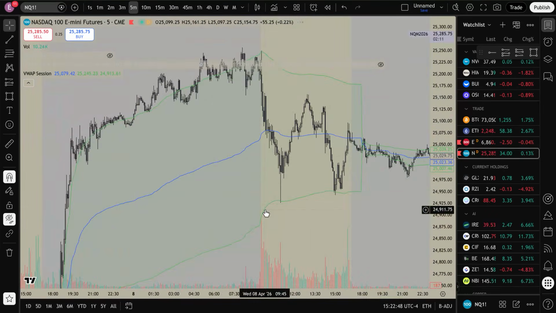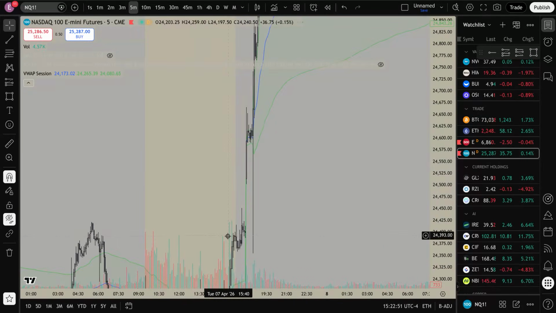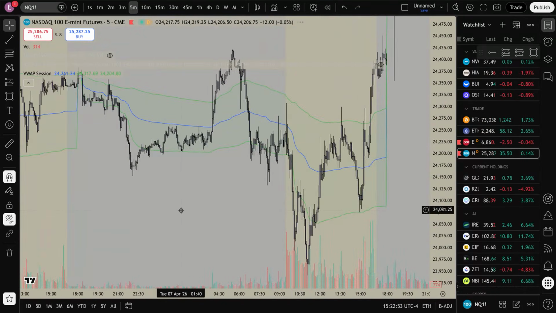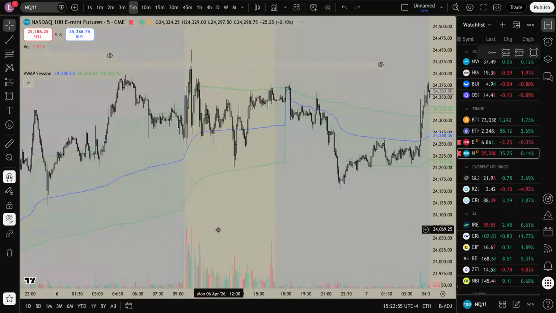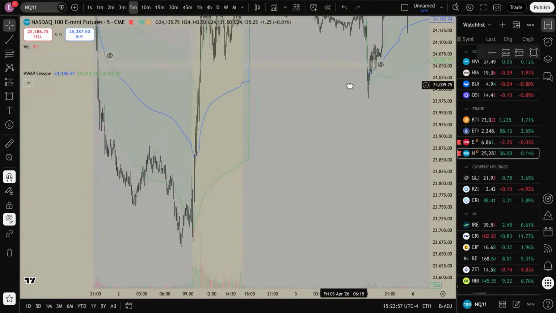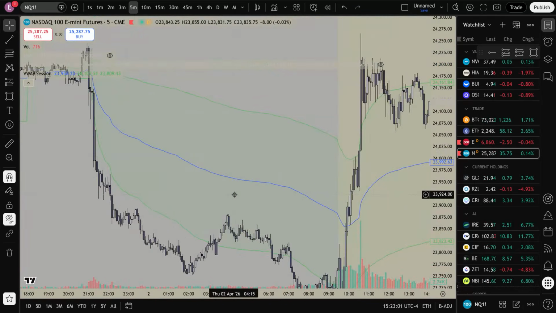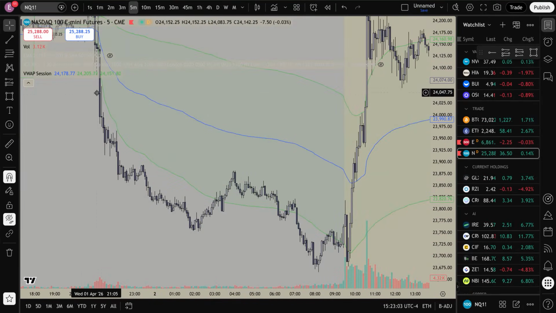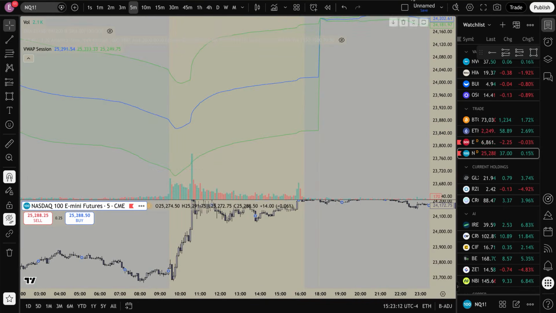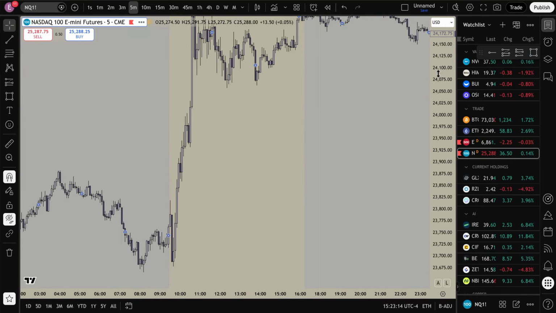Now this is just an example of bullish. If you want to take a look at bearish, I think it might be hard to find because we've been going up the past few days. Let's take a look. Okay, something like this. Give me a second.